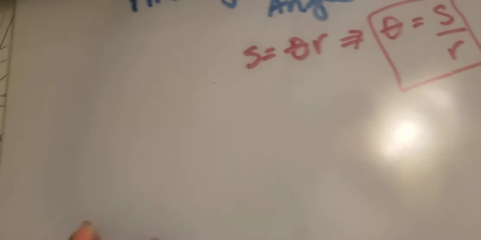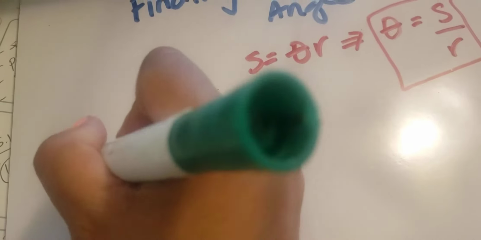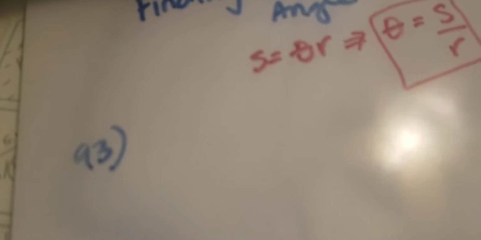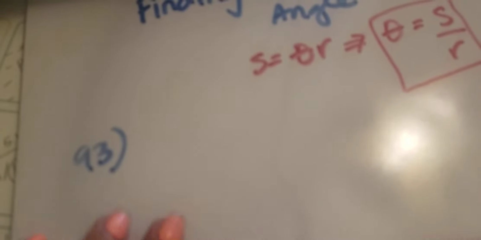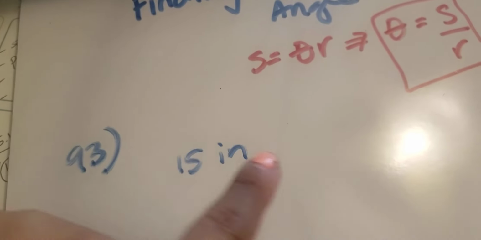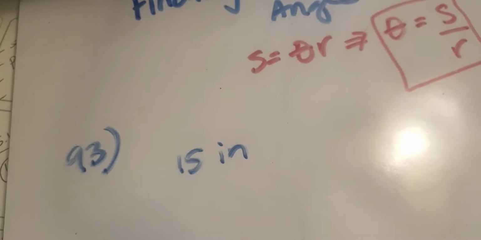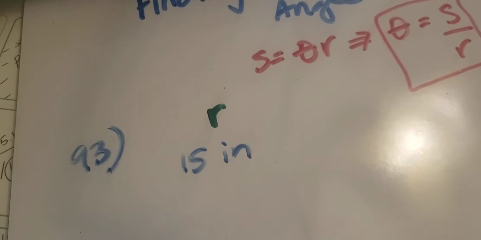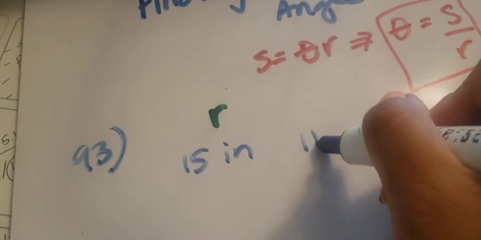Let me move this a little bit over here, and I'm going to do 93 so you can look at the book. They're asking us to find the radian measure of the central angle of a circle of radius r that intercepts an arc length of s. The column on the left is your radius, so that's your r.